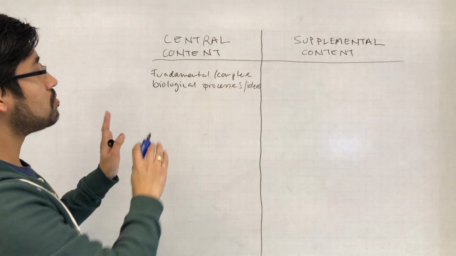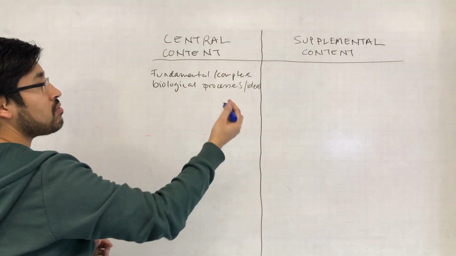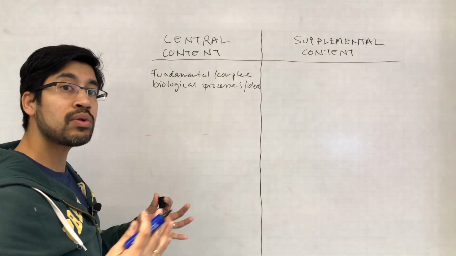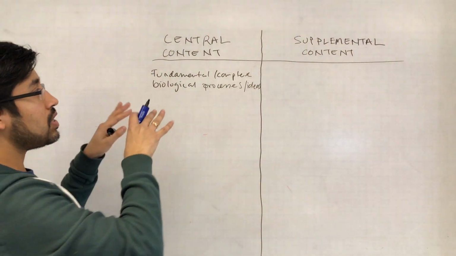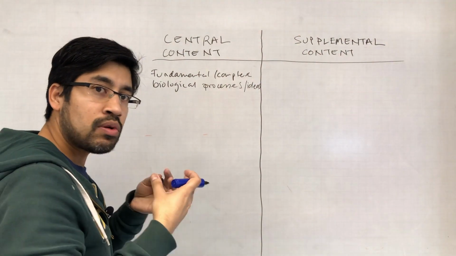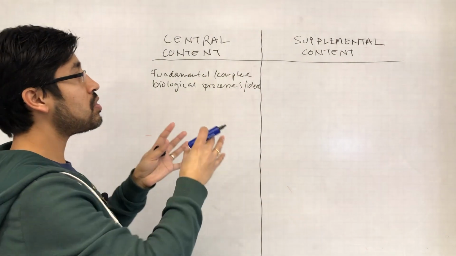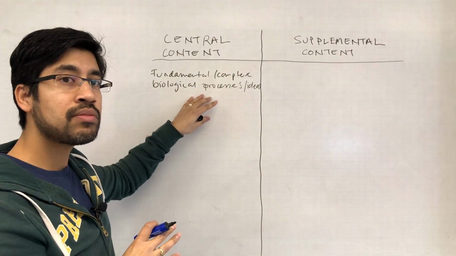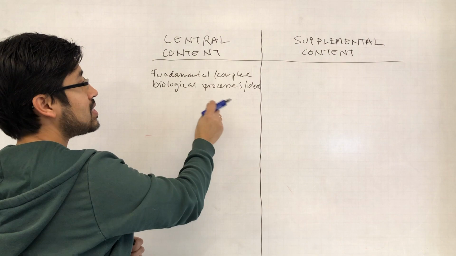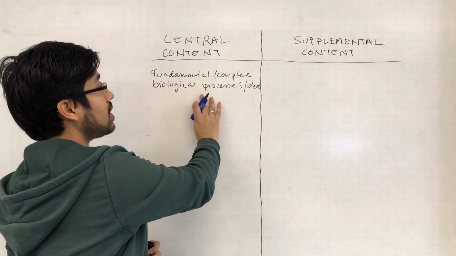right? Now, on the other hand, what you have is supplemental content, which still looks like biology, but it's more the examples that help you to understand this fundamental process.